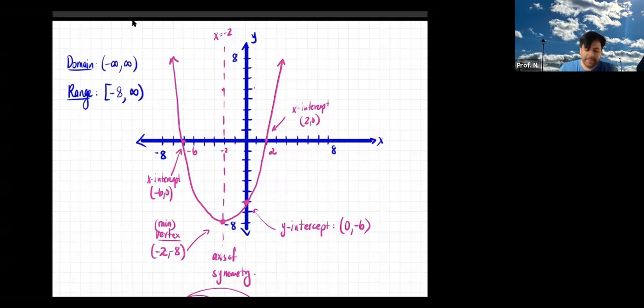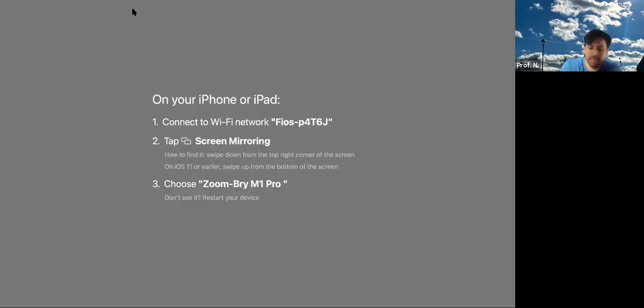All right. So yes, look how beautiful this is. It's beautiful, right? Quadratic equation. Now it's graphed. I got the points, the intercepts.